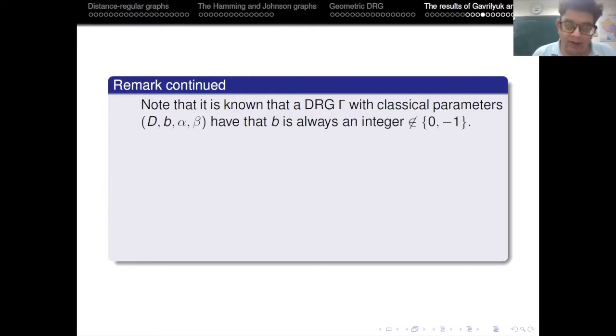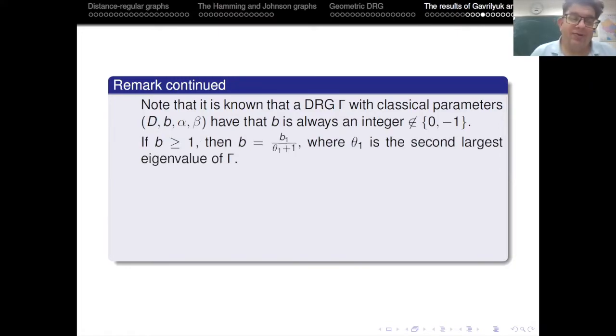If they have a quadrangle, then we have classified them. This was, of course, what Terwilliger did maybe about 40 years ago. So if B is greater or equal to 1, then what is this?